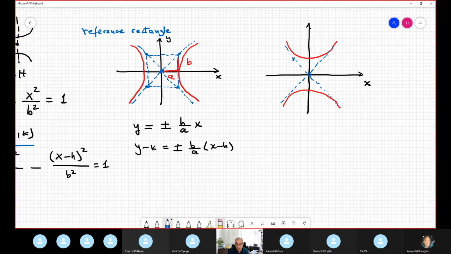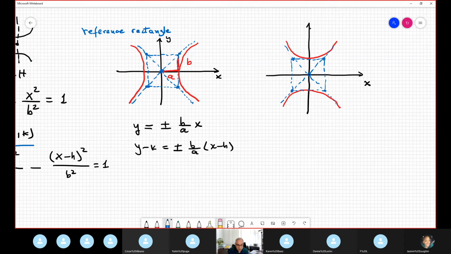And we have, why not, the famous reference rectangle. Okay, this is an auxiliary construction. It helps me to find this corner, this corner, this corner, this corner, and the center, and you connect it by the line, and this is the asymptote, right?